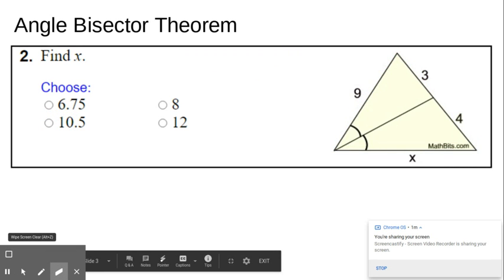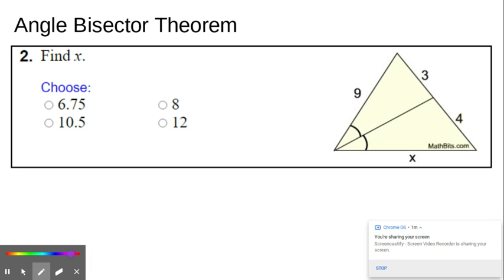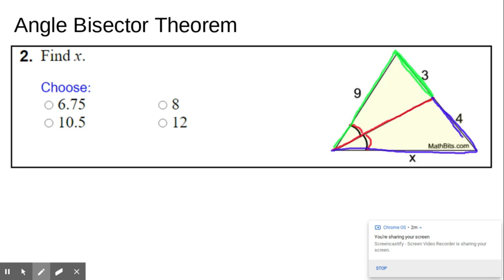Find x. Again, they've taken this triangle and rotated it a little bit on us. That's okay. We know that this is the angle bisector here, because these two angles are congruent. In this case, it's the top side, which is 9, or left side I guess you could say, over left segment, equals bottom side over bottom segment.